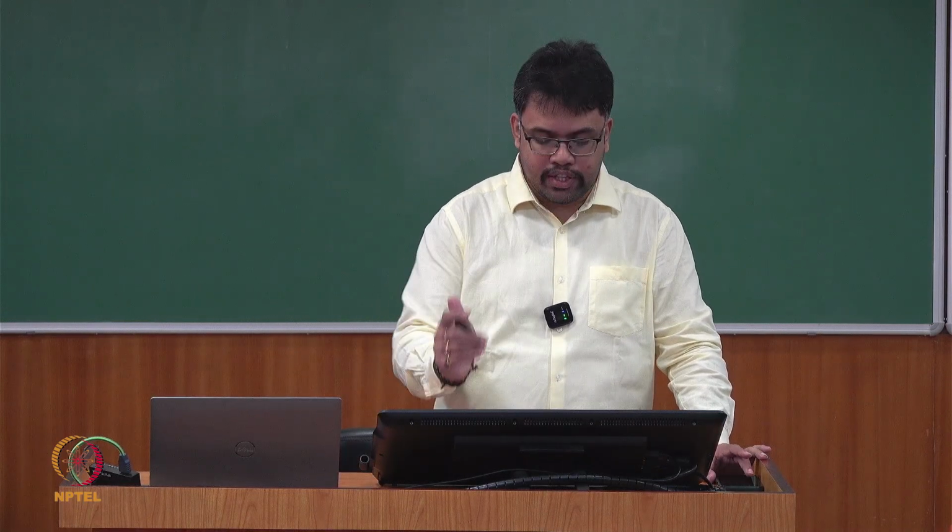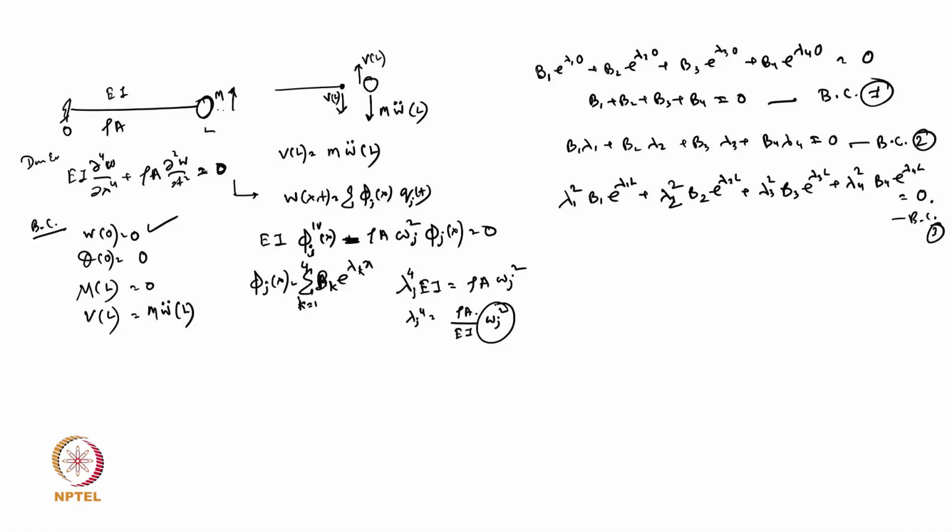But lambda 1, lambda 2, lambda 3, lambda 4 all depend only on omega_j, so this will be lambda_k. For a particular value of omega_j there are 4 values of lambda_k.